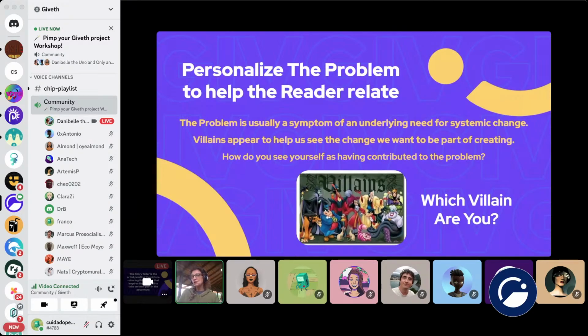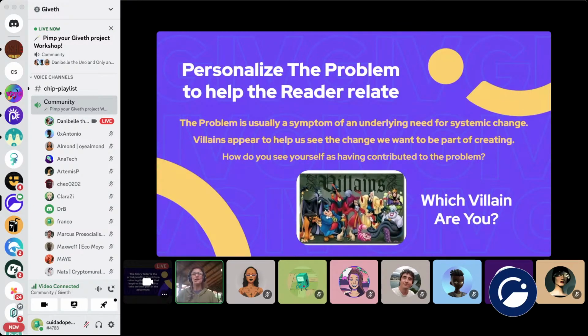And so the villains, the protagonist of a story, they show up to help us see something, to see the change that we want to be a part of creating. So what I'm really going to invite you to do here, as you're thinking about telling your story, is to wonder, how do you see yourself as having contributed to the problem?